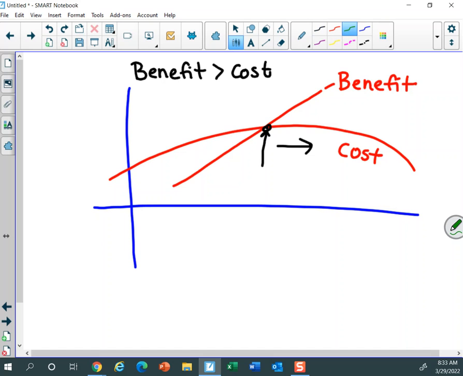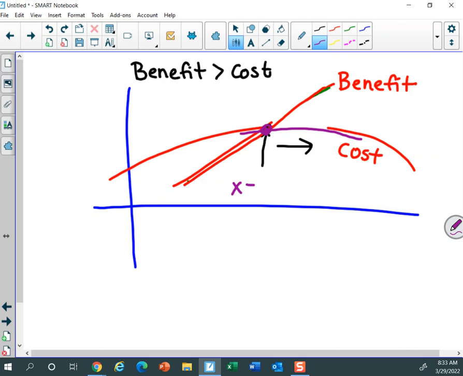So once you graph the two functions, your benefit function and your cost function, what you should see is a point where the benefit function ends up above the cost function, and at whatever that value is, that's a good number.